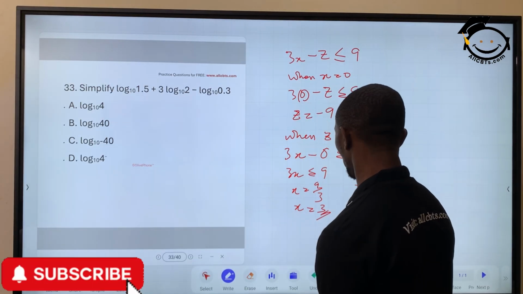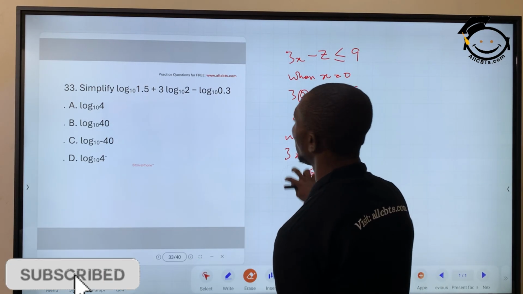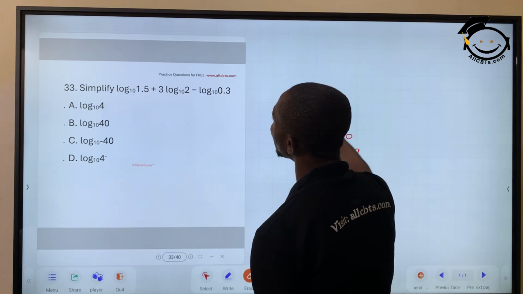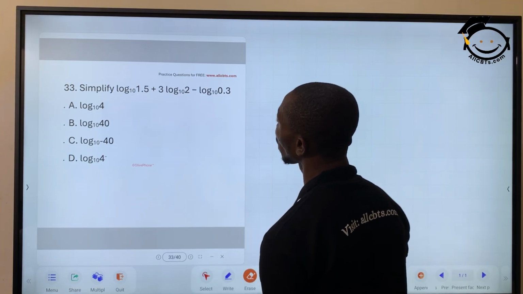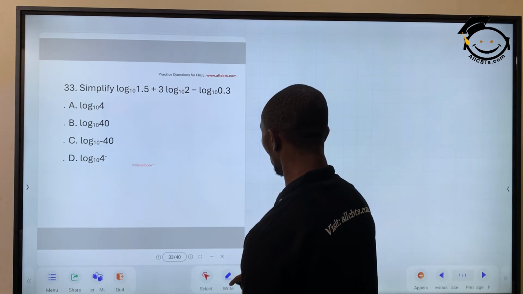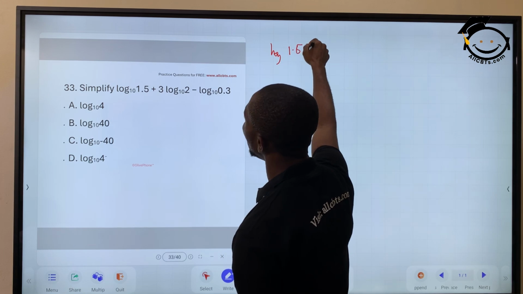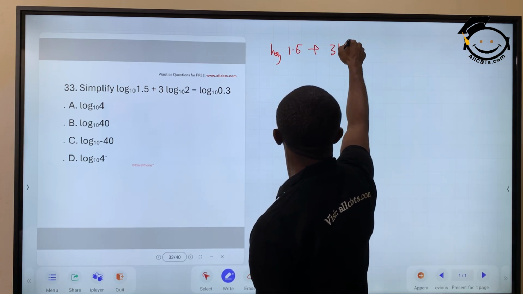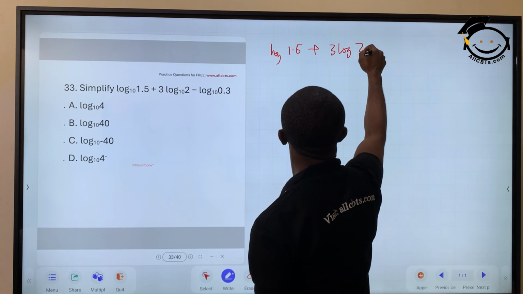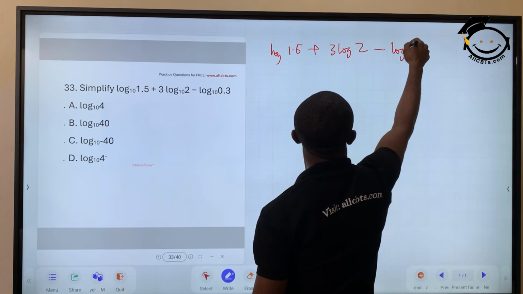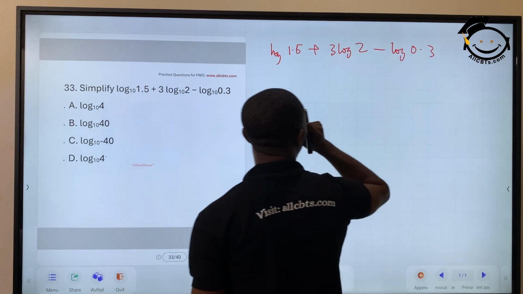Now, the next one says simplify log 1.5 plus 3 log 2 minus log 0.3.